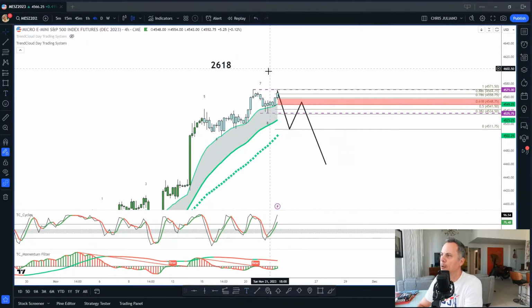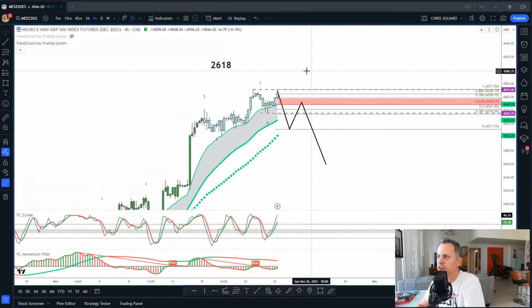The number 2 is for double top, and 618 is for the 618 retracement level on Fibonacci. This is your Fibonacci retracement tool right here. So we're talking about how to take a double top, how to take a reversal.